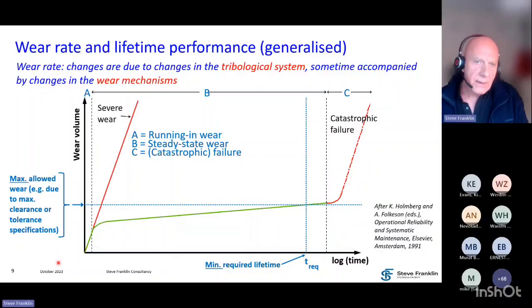But what could go wrong is that that running in wear can just simply carry on and you don't go over into the steady state area. It carries on, and we call that severe wear.